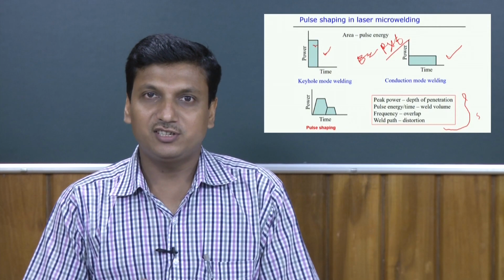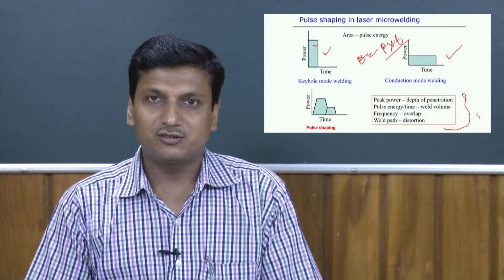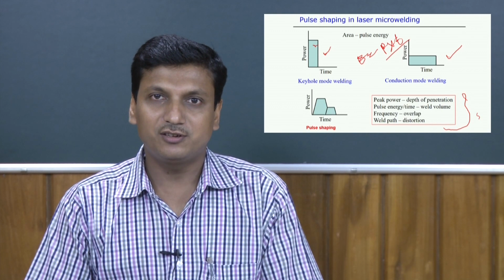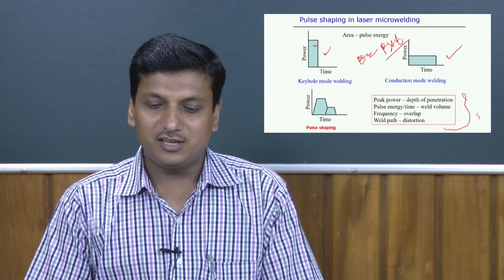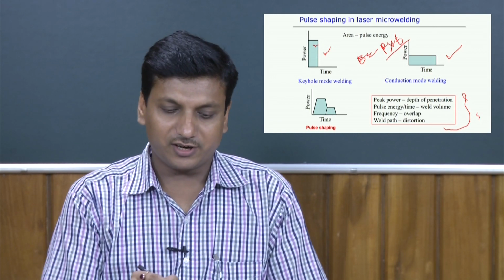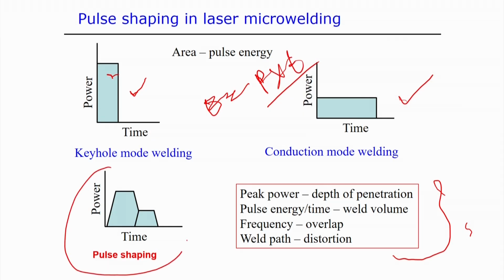So, that is why shaping of the pulse is advantageous when we try to weld difficult materials. If you correctly shape the pulse, you will be able to produce a weld joint which is otherwise very difficult.